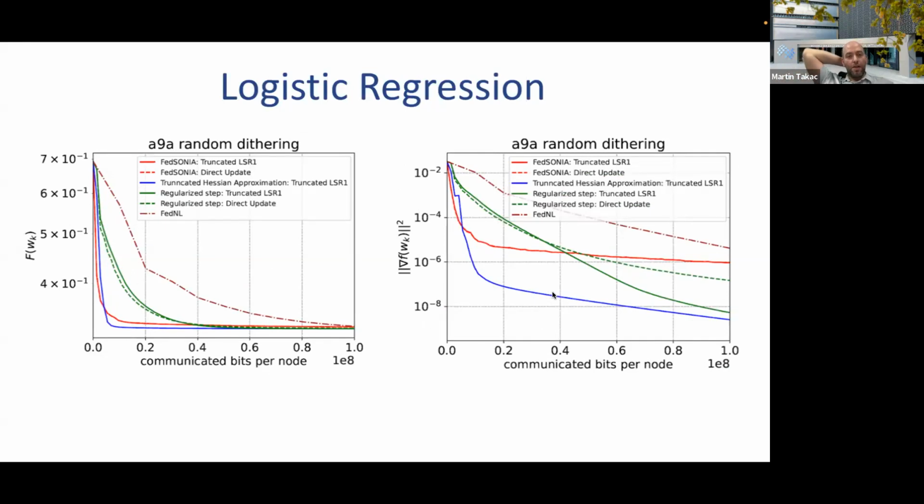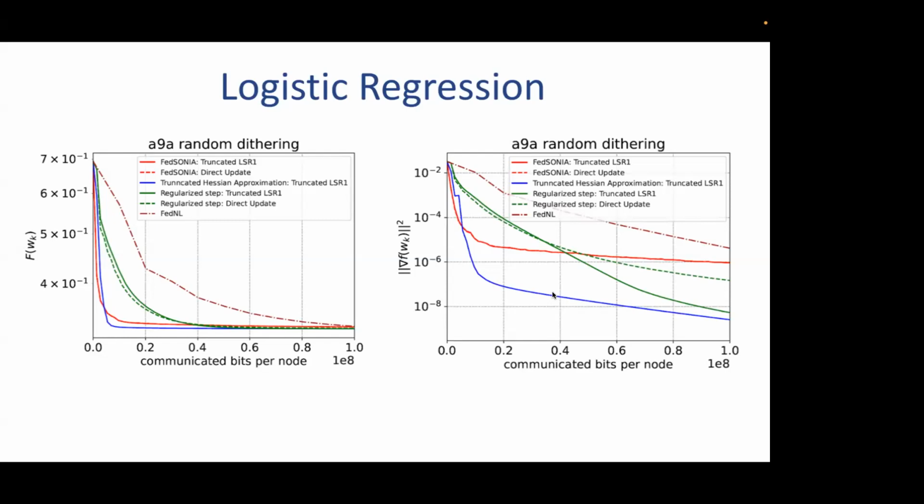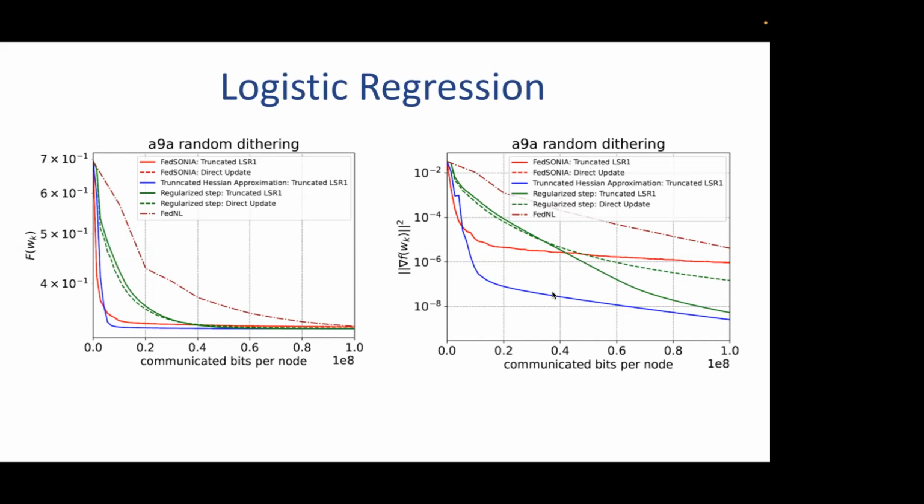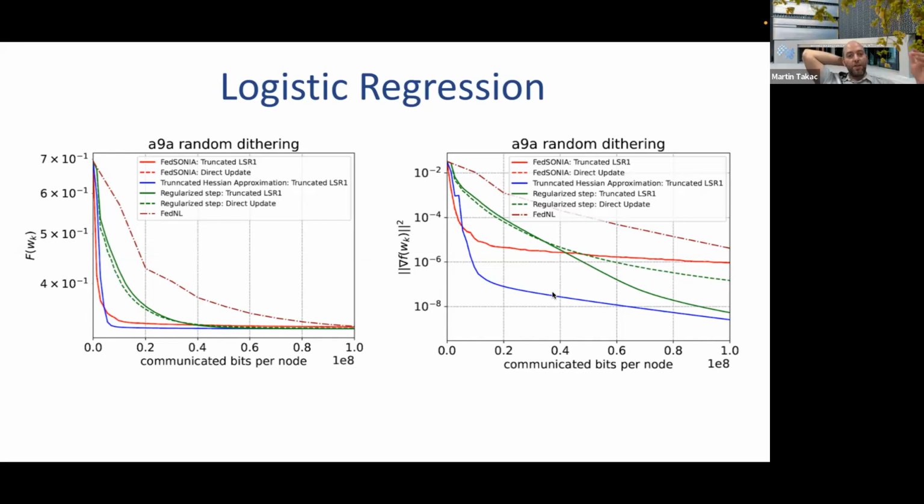But the computation is very fast because the A9A data is super sparse, right? Computing the gradient is nothing. Sketching the Hessian is also nothing because we don't compute the full Hessian. We just sketch the Hessian. So I believe this was almost no time.